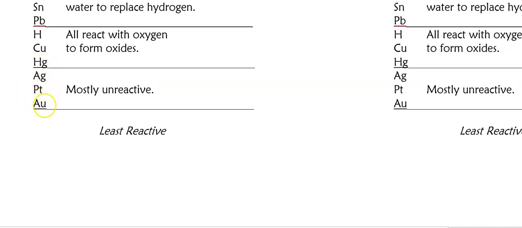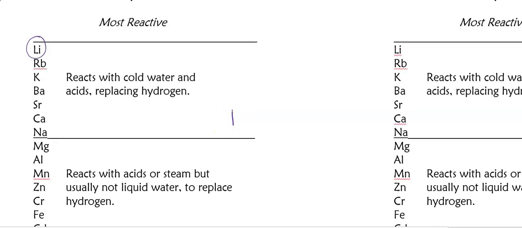And this is why gold, platinum, and silver are used as precious metals to make jewelry. They are not very reactive at all. Along with this, I want you to add to the bottom of the activity series, let's add it to the top, apparently, is where it wants to be added. I'll erase that. So we'll add it right here.